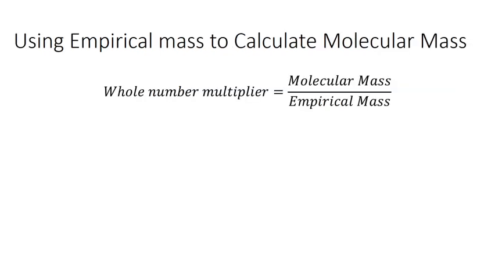Now, there are some ways to calculate things about empirical formulas and using empirical formulas. And one of those is using empirical mass and molecular mass to calculate a whole number multiplier that you will use to take an empirical formula to a molecular formula. So we're going to use molecular mass and empirical mass.